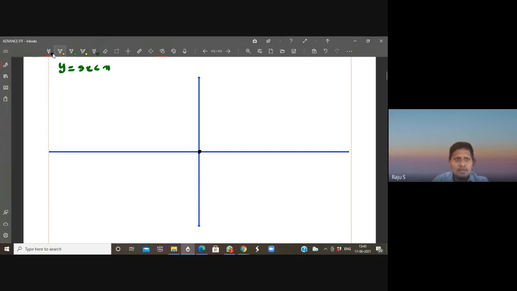Secant x, here the values. I'm going to take here 0. I'm taking here 90, 180, 270, 360, and so on. Here minus 90, minus 180, minus 270, minus 360.